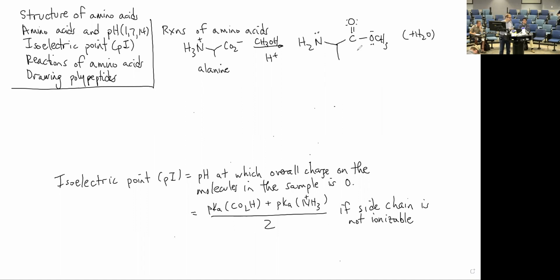And I even gave you in the class notes which sections you can look at in order to review that. Likewise, the amino group will do the same types of things that any other amino group will do, including undergoing nucleophilic acyl substitution, just like we talked about in chapter 10. So let's take alanine again. And if we were to treat this with, let's say, acetyl chloride, any acid chloride or acid anhydride, this is now going to put the acyl group onto the nitrogen.